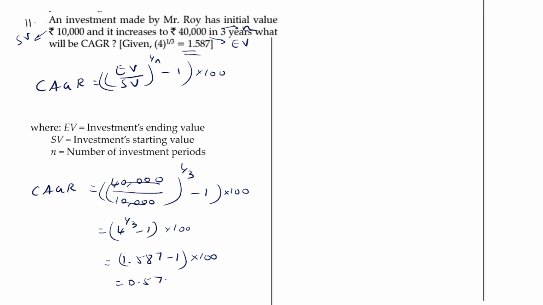This is 0.587 into 100, or the compound annual growth rate is 58.7%. It is always expressed in percentage, so the compound annual growth rate is 58.7%.